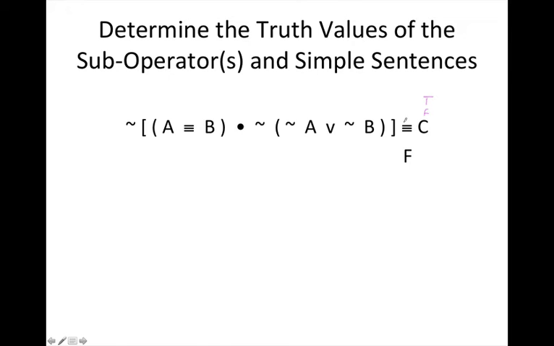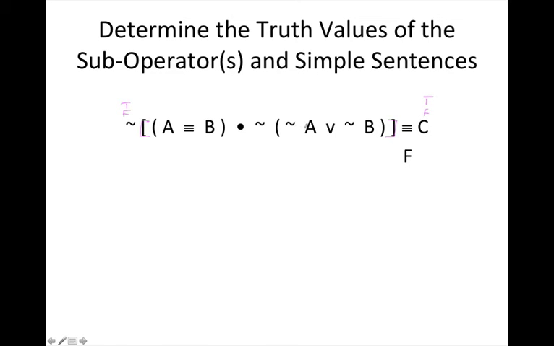We also know that this entire sentence in brackets is either going to be true or false, right? So if the tilde is false, then the sentence C has to be true. If tilde is true, then the sentence C has to be false.